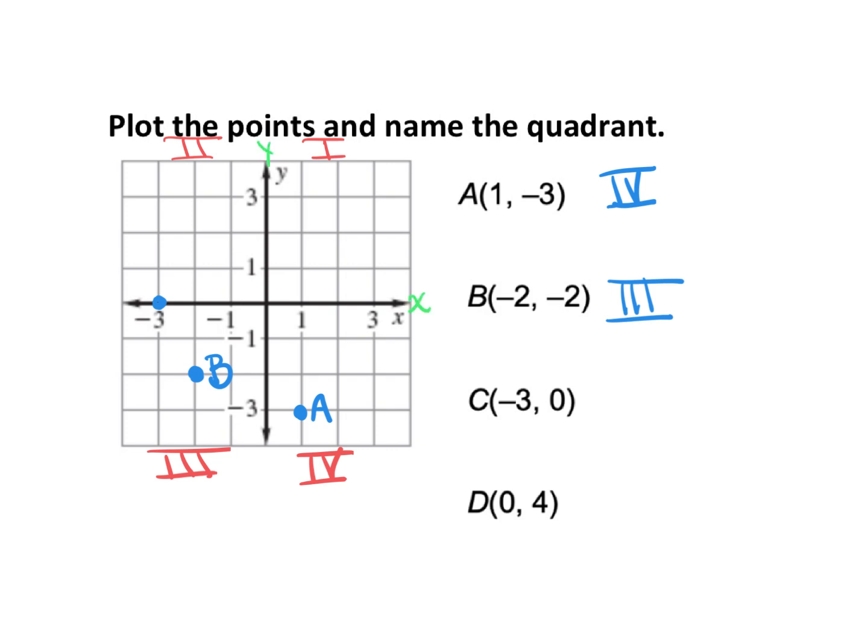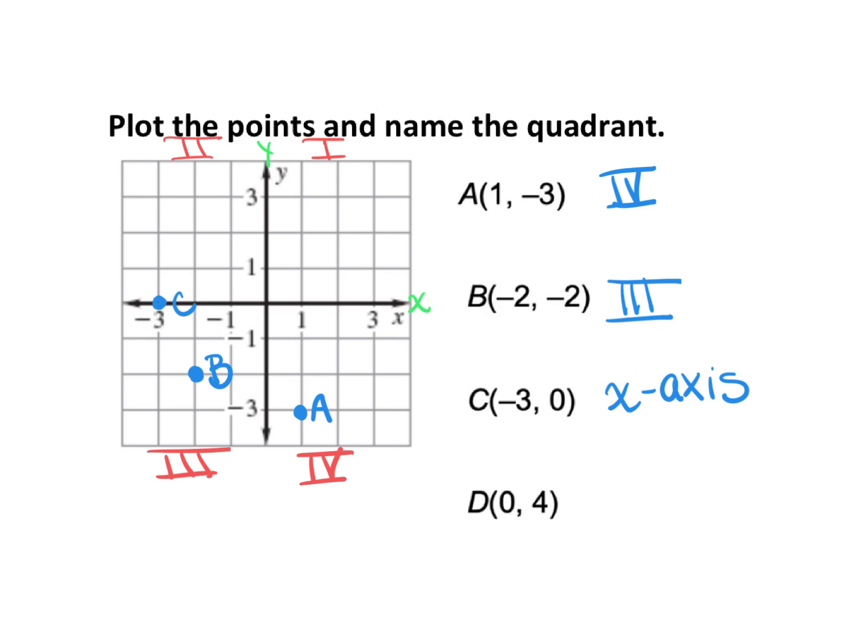If it happens that your point lands on one of the axes, instead of listing a quadrant, you're going to list the location of it, which is on the, in this case, the x-axis. And that's letter C.